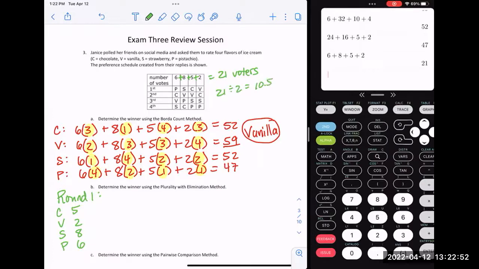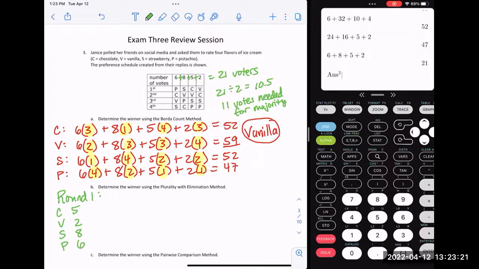So 10.5 is half of 21. A majority, though, is more than half. So I have to go up to the next whole number. So that means that I would actually need 11 votes if I wanted to get a majority. So if someone has 11 votes right now, I'm finished. Unfortunately, none of the flavors do. So this means I'm going to have to go to round 2.